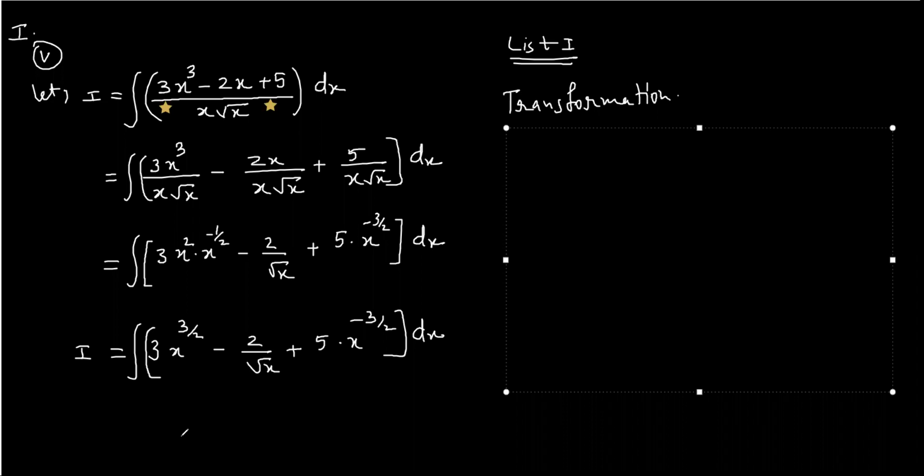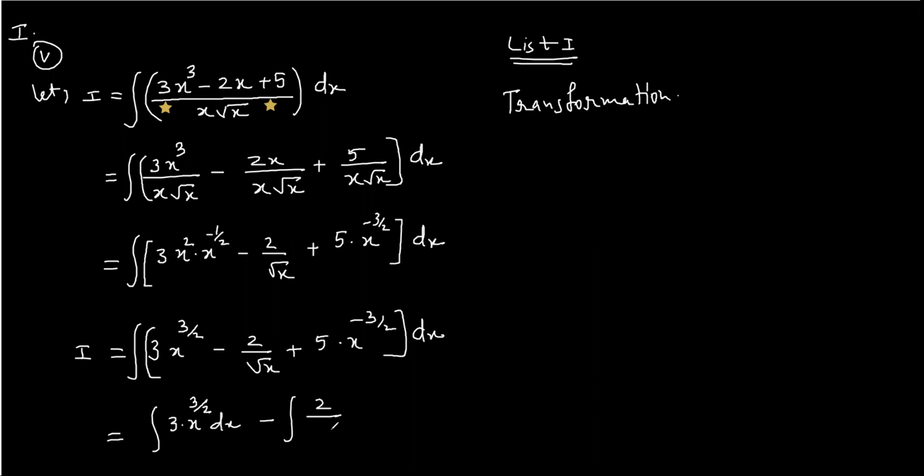I will write separate integral for each one of these. So integral 3 x raised to 3 by 2 dx minus integral 2 upon root x dx plus integral 5 x raised to minus 3 by 2 dx.